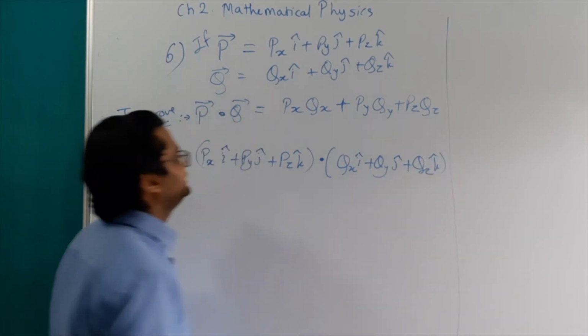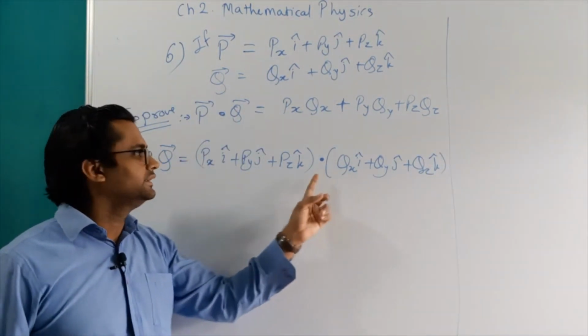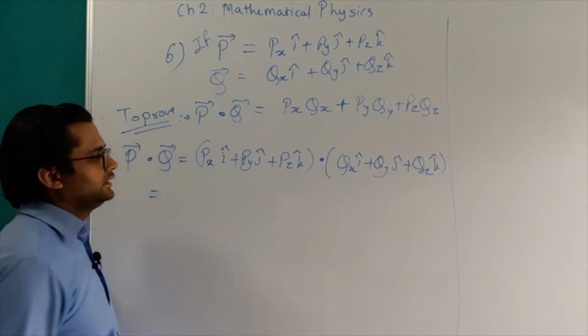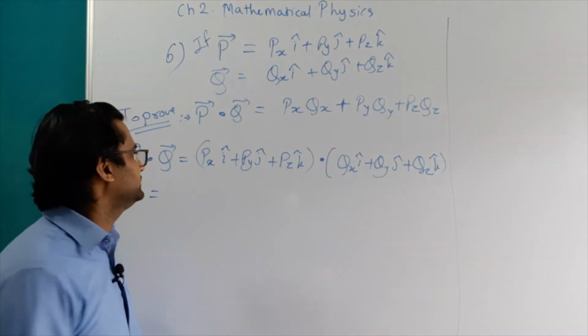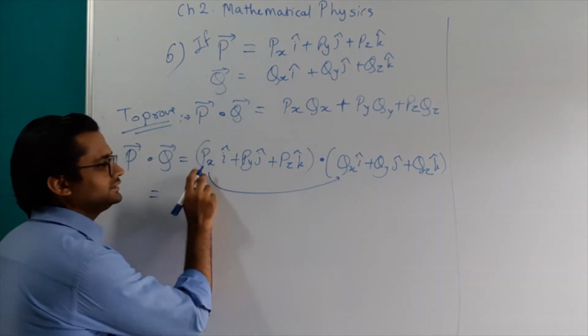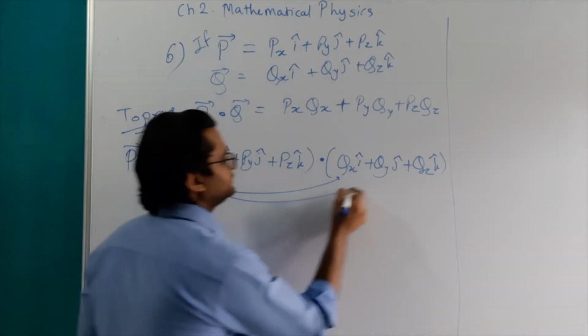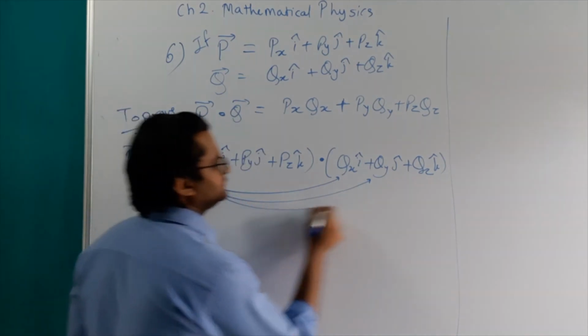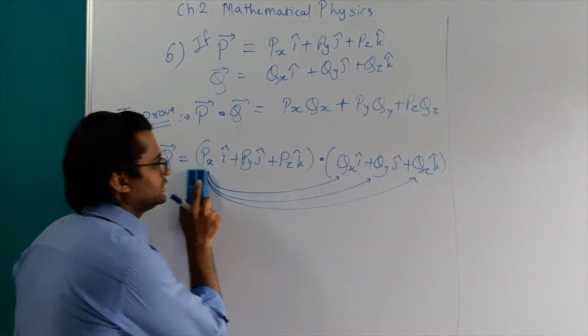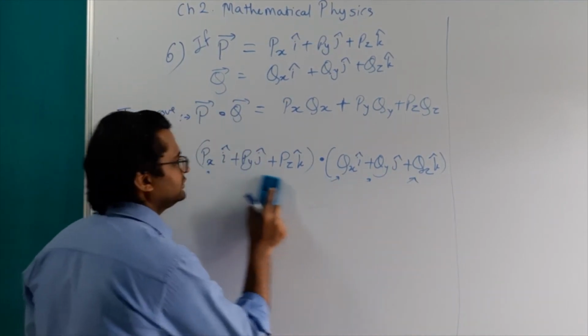So I have written these two vectors separately and there is a dot product in between them. Now how will we do normal number multiplication? We will multiply the first term by the first term, first term by the second term, first term by the third term. This is how we multiply in the normal number case. So here we will follow the same procedure.